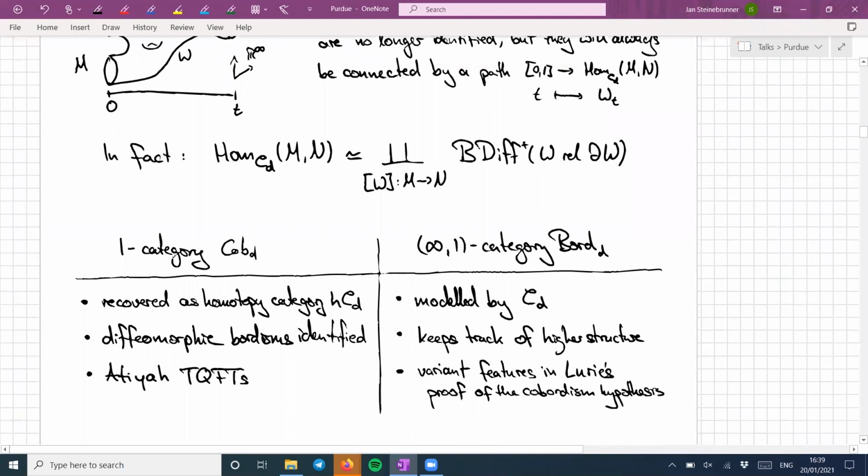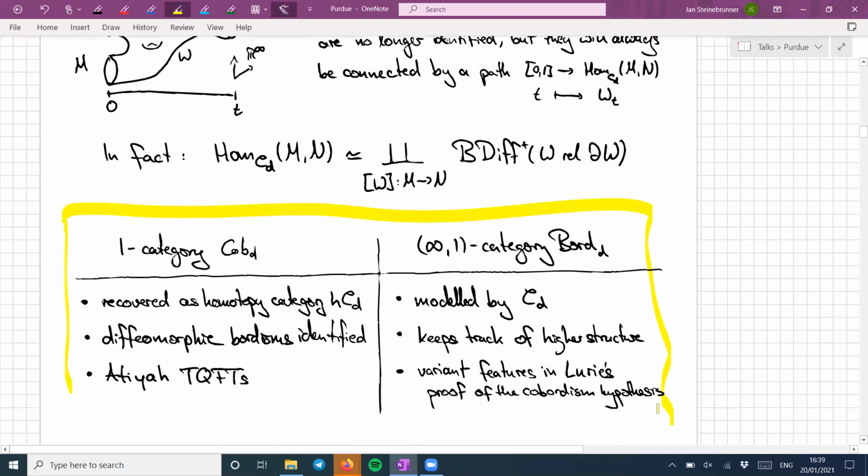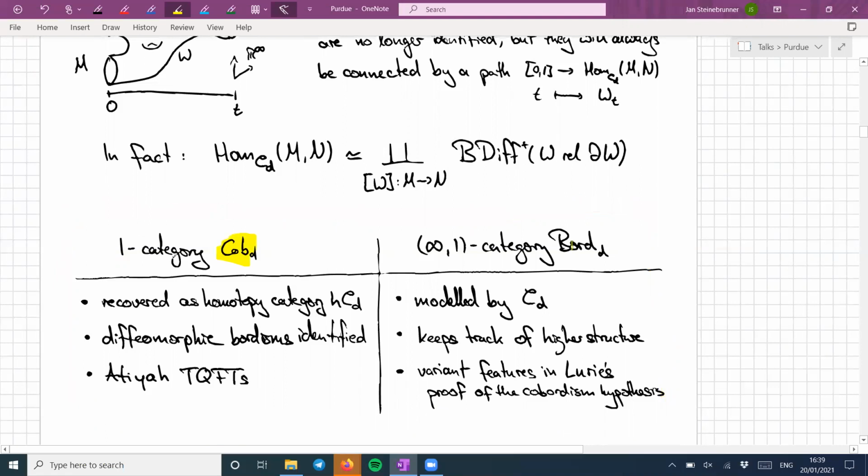And so I just have a comparison of these two things that we've seen so far. On one side, we have this Cob_d, and on the other side, I now wrote Bord_d, which is a bit ironic because it's not like one of them are cobordisms, the other one are bordisms. But again, this is standard notation.